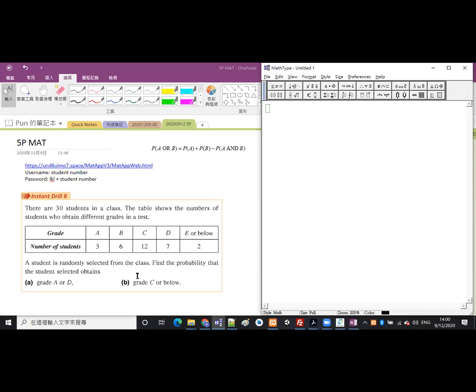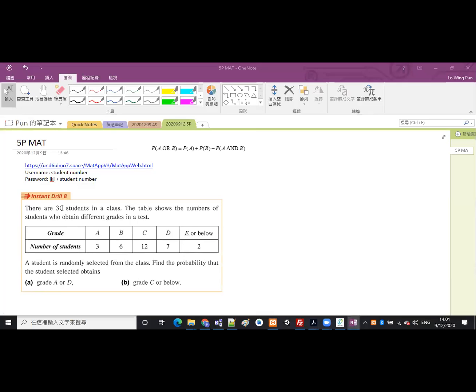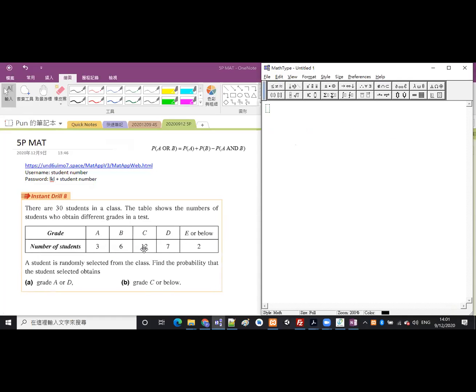Find the probability. 成班裏邊揀一個出嚟，無論佢問咩，個分母都應該係30，因為 total number of students, the number of options we can choose, is equal to 30. In the fraction, the probability is a fraction, right? The lower part, the denominator, will be equal to 30.